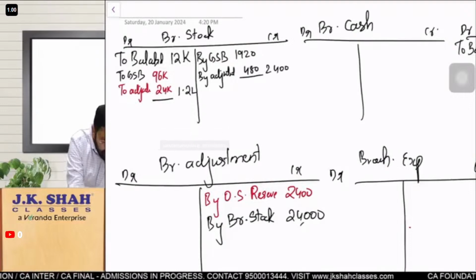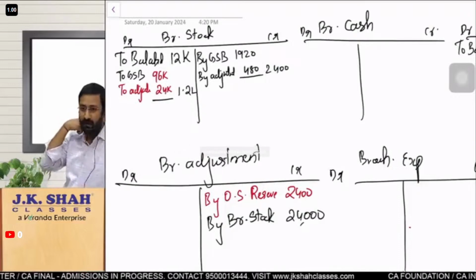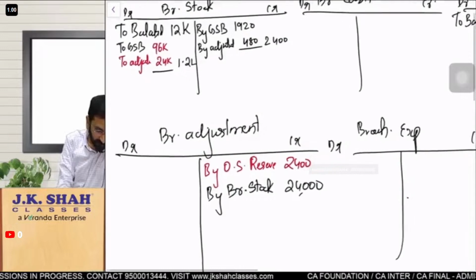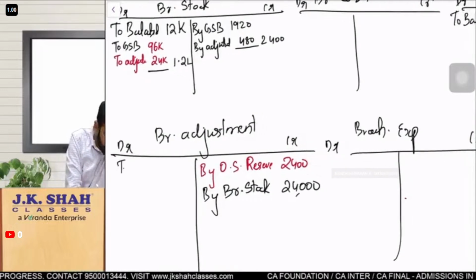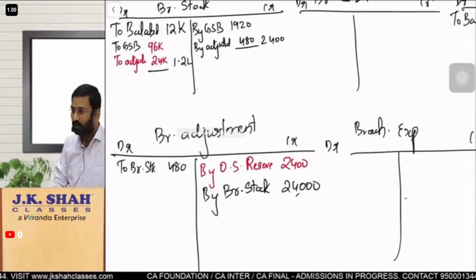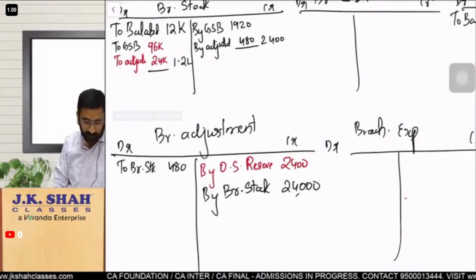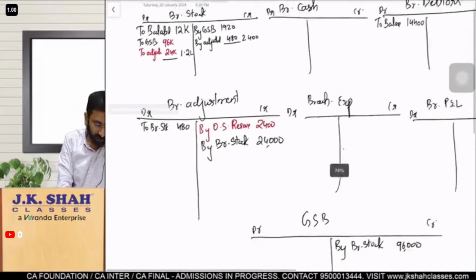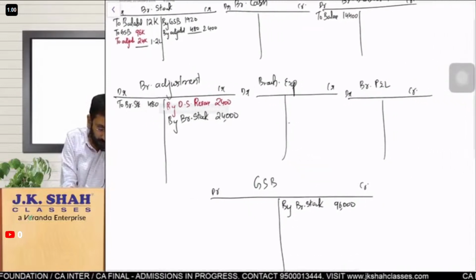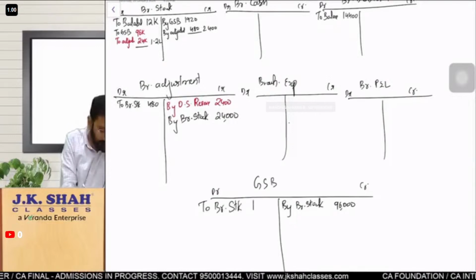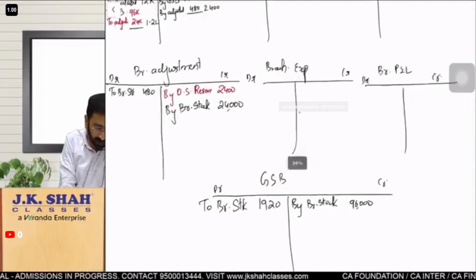In the adjustment account, to branch stock 480. In the GSB account, to branch stock 1,920.